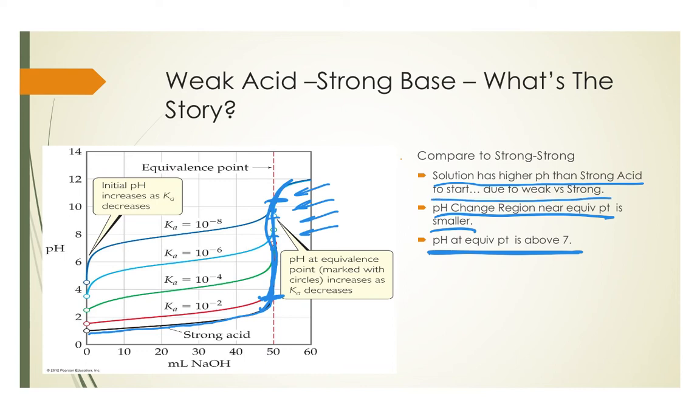And that's just simply due to weak versus strong. We're going to have more hydrogen ion dissociation here, less hydrogen dissociation here, and as a result, you end up with higher starting points, smaller transition periods, and a pH at equivalence above 7.